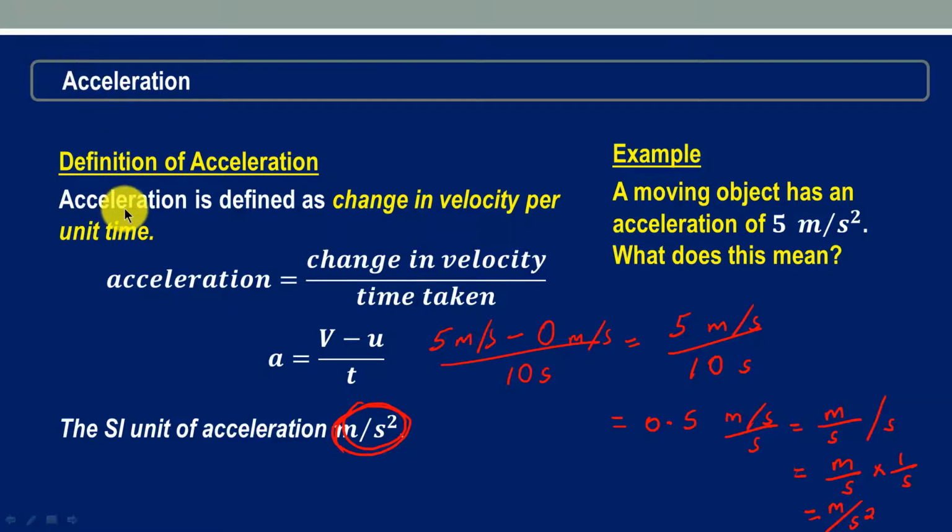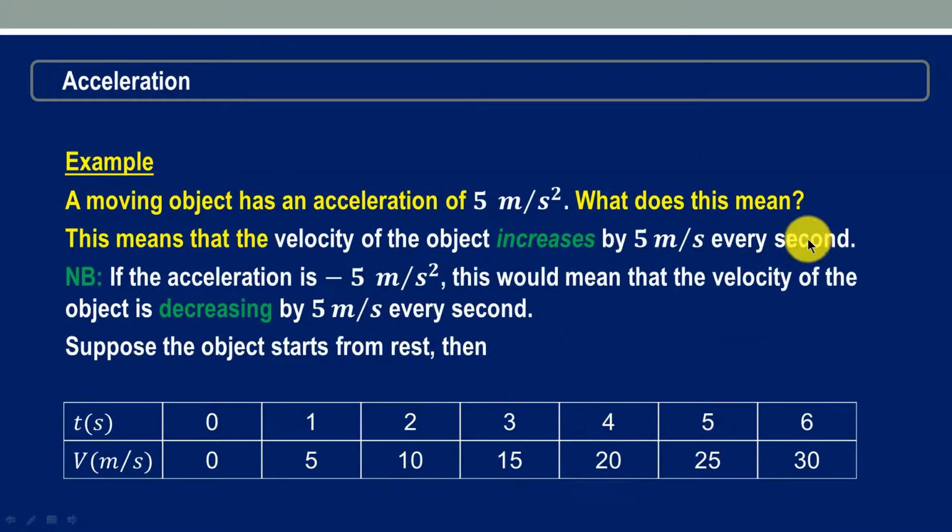It's very easy to say that acceleration is change in velocity per unit time. We need to understand what that means exactly. So let us consider this 5 meters per second squared at greater depth.